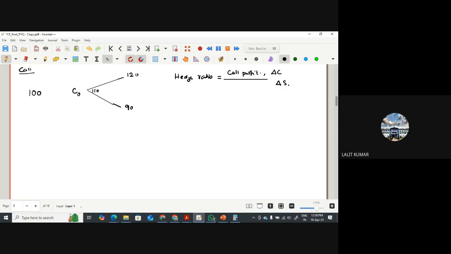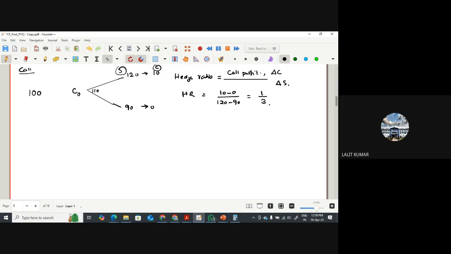In this case, I will get a profit of 120 minus 110, 10 rupees, and this is 0. So my hedge ratio becomes 10 minus 0 divided by 120 minus 90. This is 1 by 3.